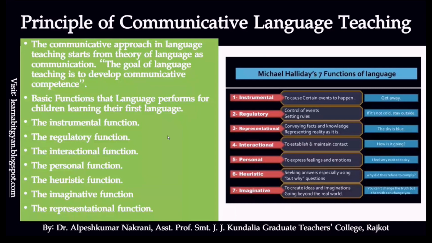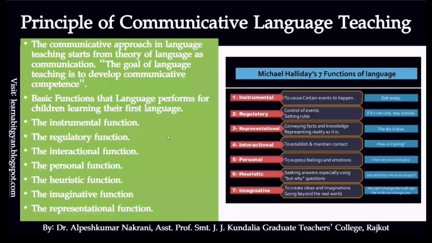Now, this approach focuses on communicative competence. Now, how do we develop communicative competence? By learning different functions. Michael Halliday gave 7 major categories of functions of language. Can you read the 7 functions of a language? Now you see the word how language works.